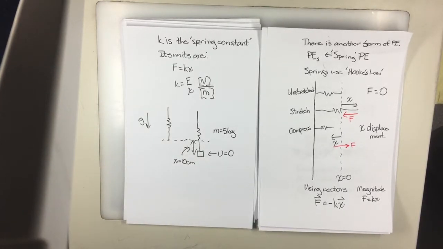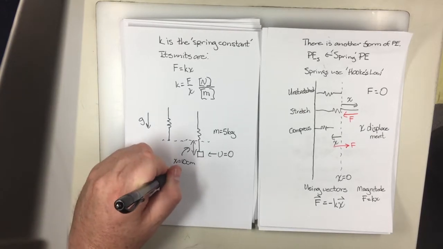So what I did is I took this spring that's just hanging from the ceiling, I attached a 5 kilogram mass to it, and then I slowly lowered my hand until finally the mass lifts up out of my hand.